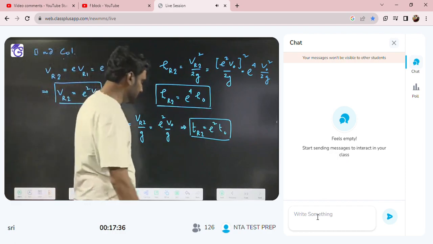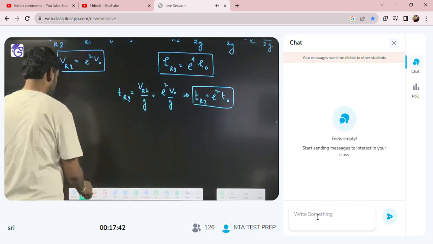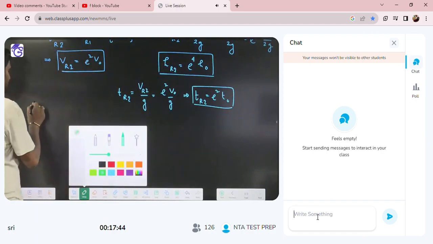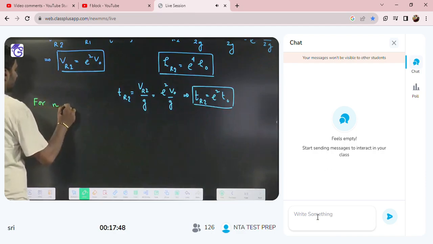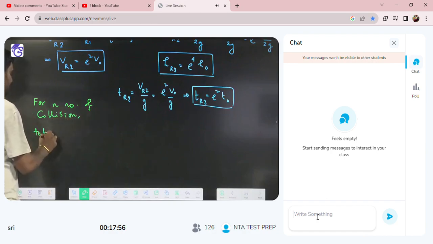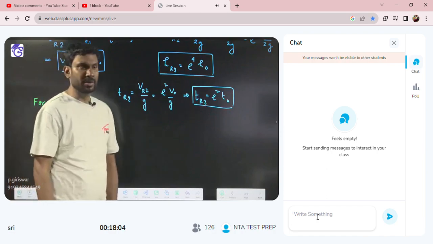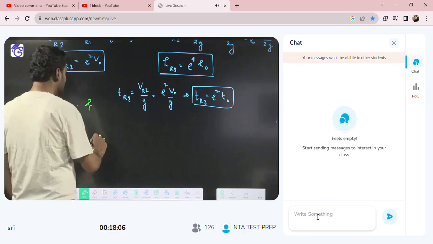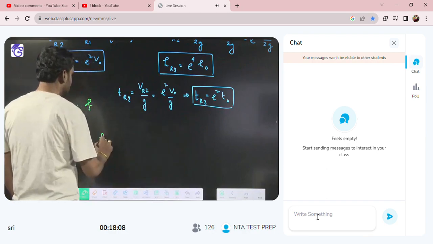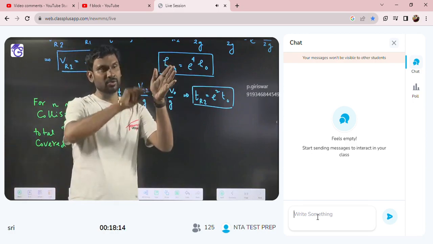Okay, now from here, suppose for a number of collisions, the total distance covered we can write as H naught plus HR1 going up, HR1 coming down, so total is 2HR1.